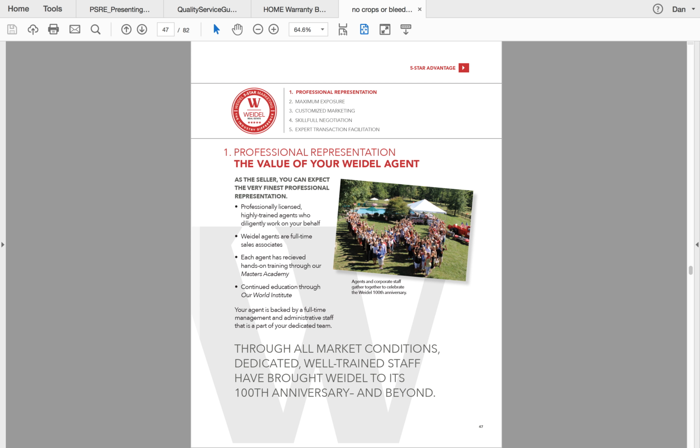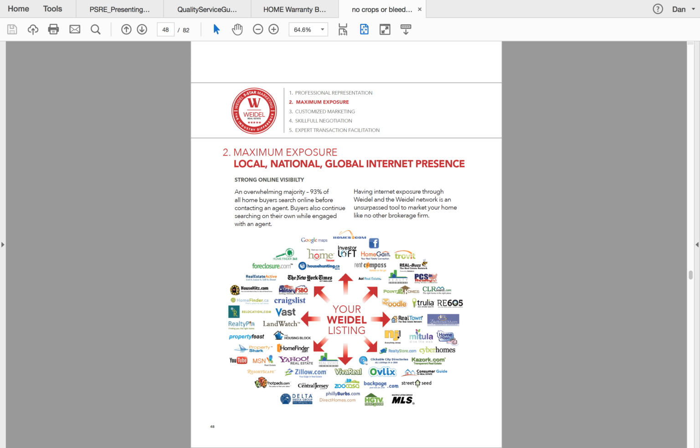All right, we're going to turn the page now to page 48, and that is page 54 in the instruction manual. Now, I'm going to give you 3 points that relate to 5-star and page 48. You may recall that when we talked about web migration, on page 30 of our book, and you don't have to go look at page 30 right now, we said that everything that goes into the multiple listing service then migrates to the web, to more websites than you could ever imagine.